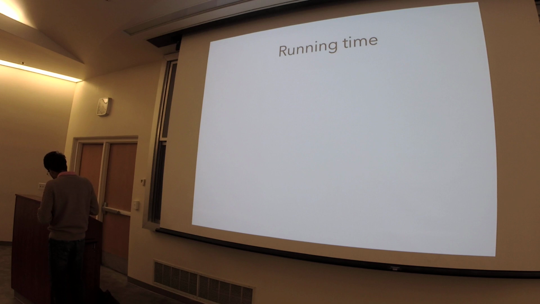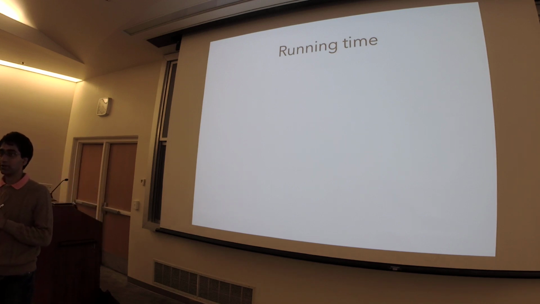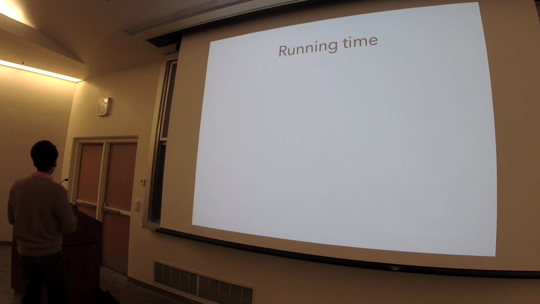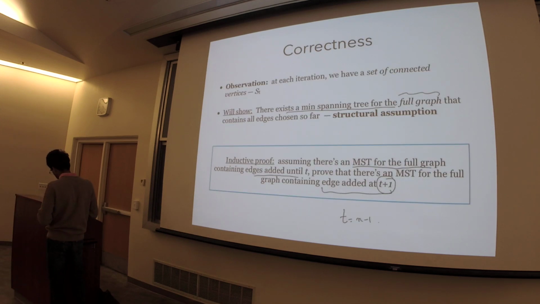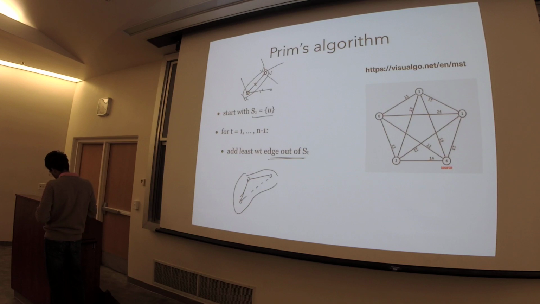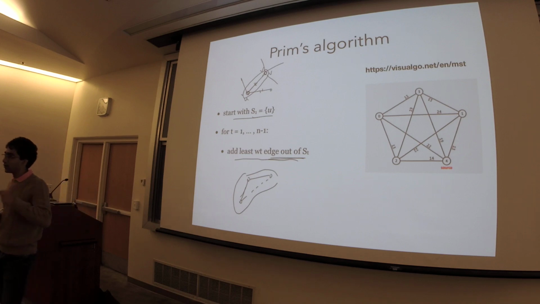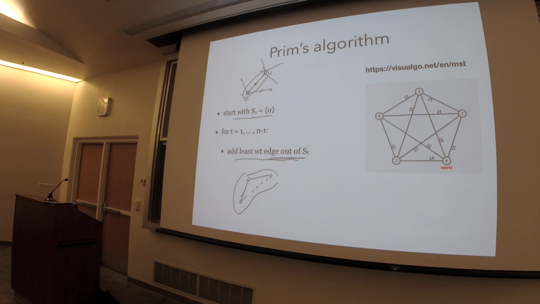All right, so let's now look at the running time of this algorithm. So what is the algorithm again? The algorithm was doing something like this: start with S1, each step add the least weight edge out of S sub T. So how would you implement this algorithm if you had to do this?